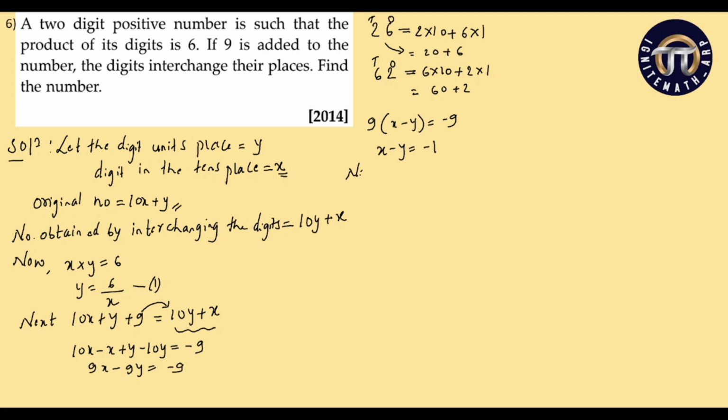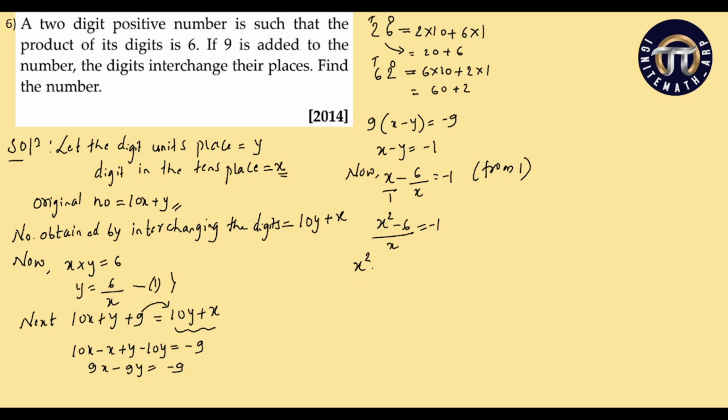So now what I do here is I will just keep this x as it is, minus of what is y. y is nothing but 6 by x. So I'll replace this y by 6 by x is equal to minus 1. Now I'll take the LCM over here. It is going to be x square minus 6 divided by x is equal to minus 1.